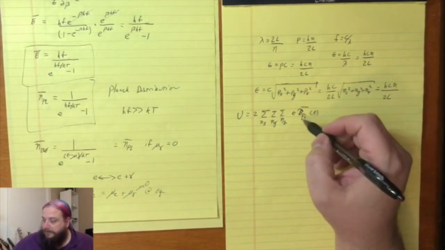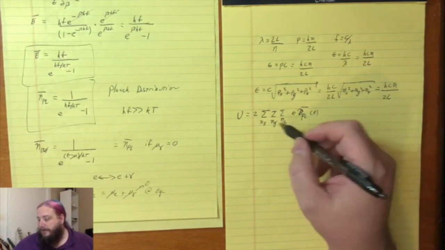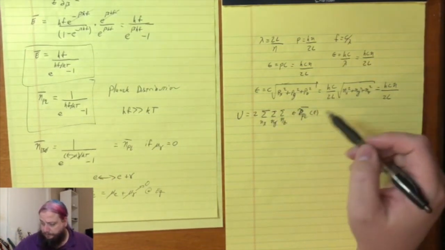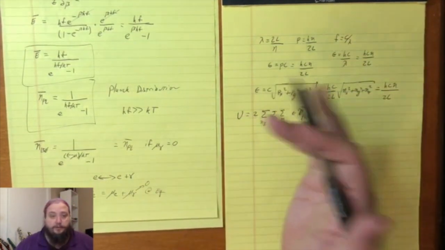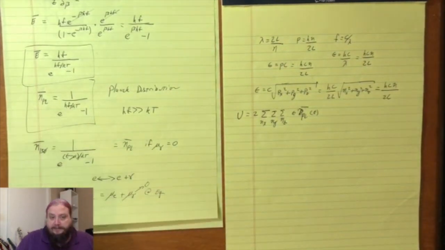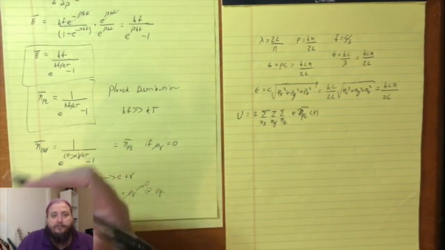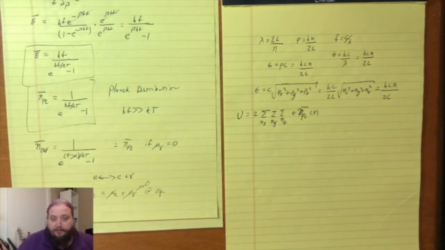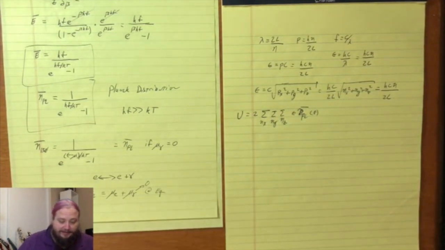So in other words, the number of photons occupying a particular mode of nx, ny, and nz times the energy of that mode, summed over all of the possible modes, where the n's can be 1, 2, 3, 4, 5, 6, etc. Assuming that our box is not extremely small, then it's pretty straightforward to convert this discrete sum into integrals.